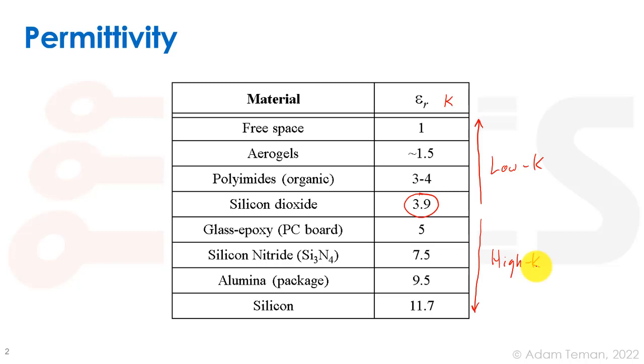The reason being that we want to have a very high COX. COX, which we said is equal to epsilon R epsilon 0 divided by TOX. We wanted to have the epsilon R to be as high as possible to get as high a COX as possible. And that's because K, our transconductance, is going to be mu COX W over L, and I is going to be proportional to K. So that's one reason for higher transconductance.